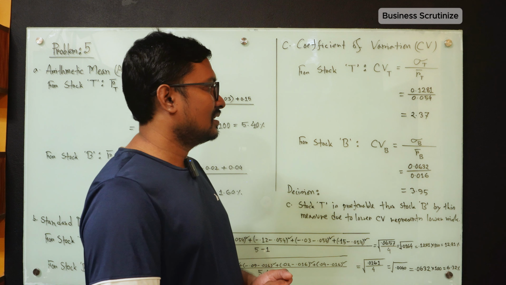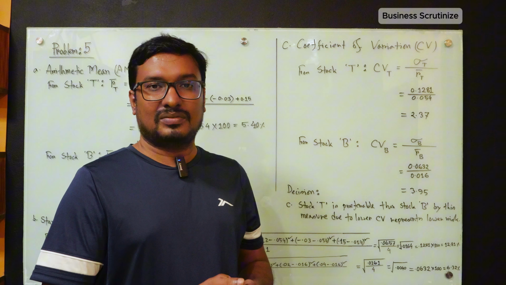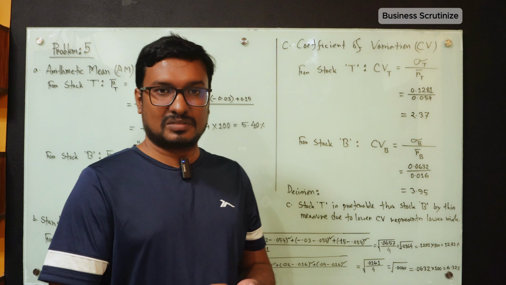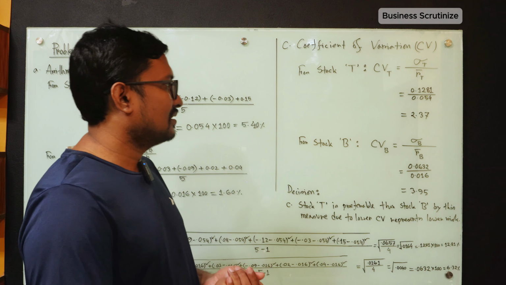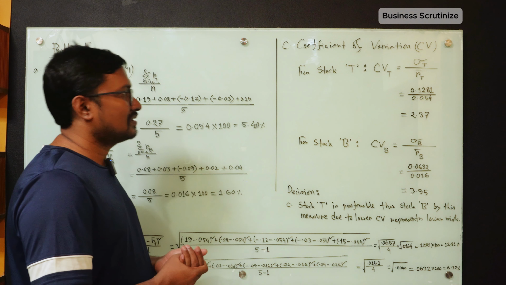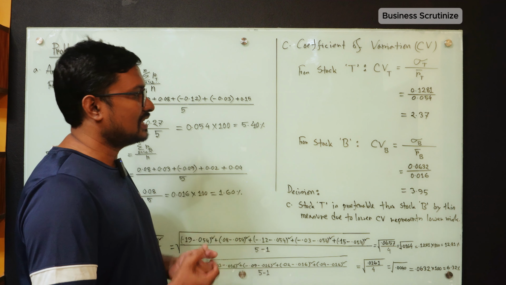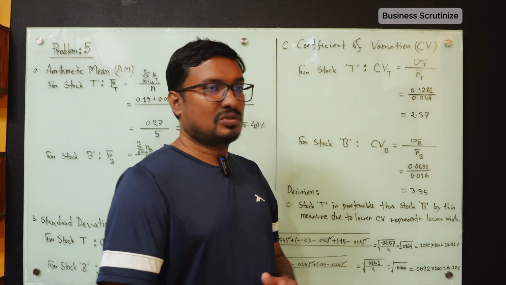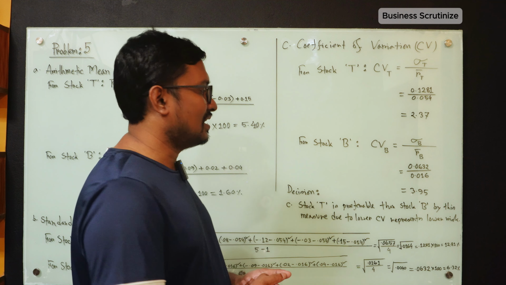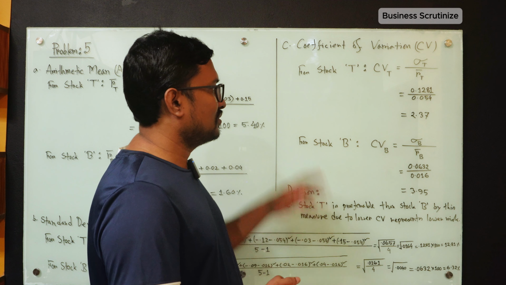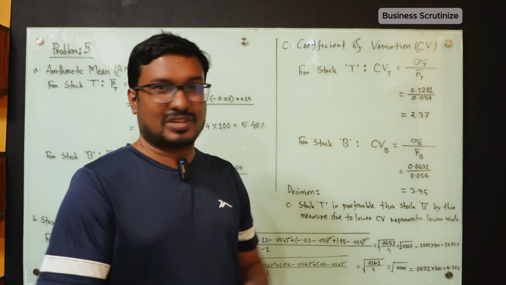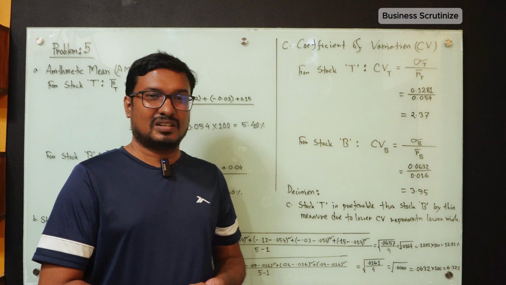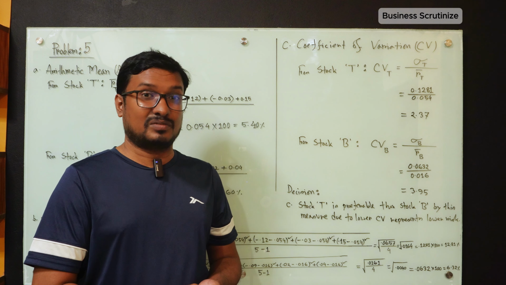As you know, if there is lower risk, investors go for making the investment decision, and for this measure we prefer stock T over stock B, because stock B has a higher CV, which shows higher volatility or higher risk. So between the two stocks we will go for stock T. In this way you can also compute the coefficient of variation.